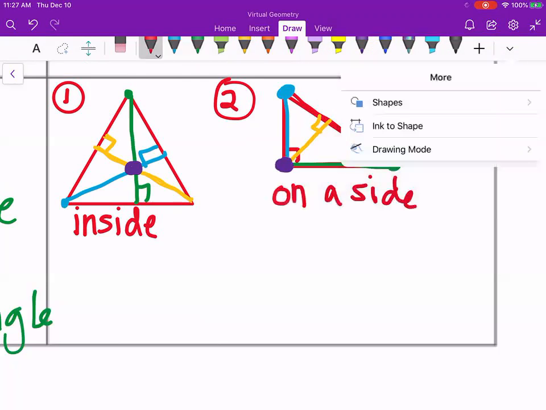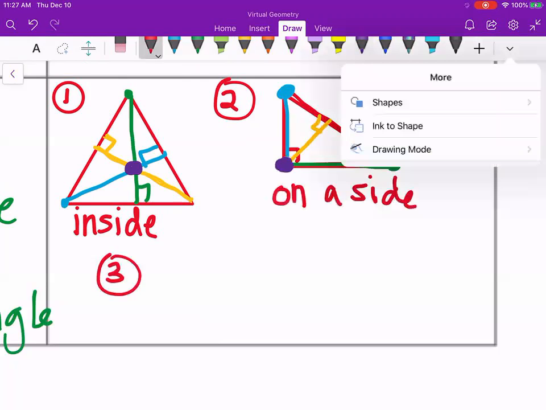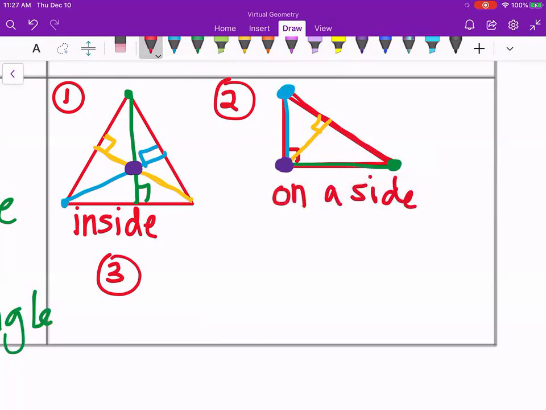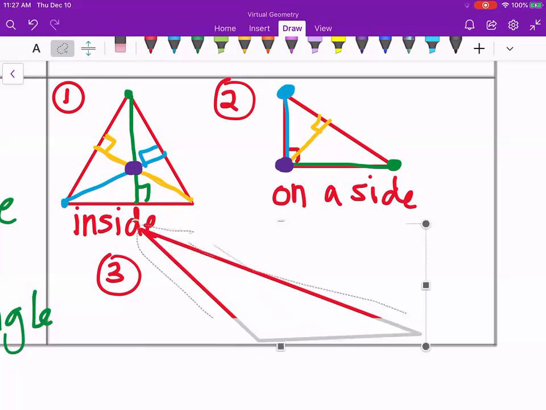All right, now the last one is when we had the obtuse triangle. And I'll move that just a little bit.